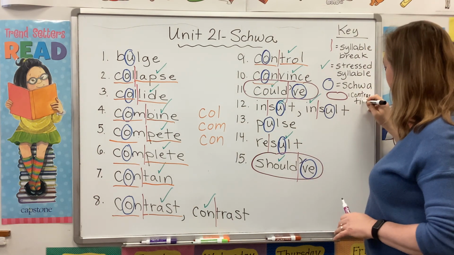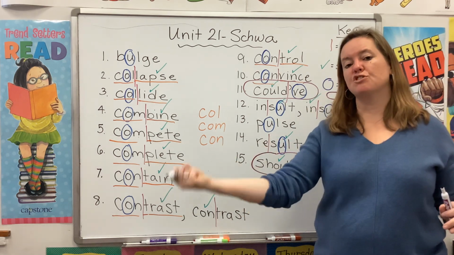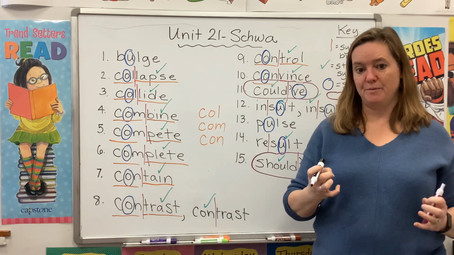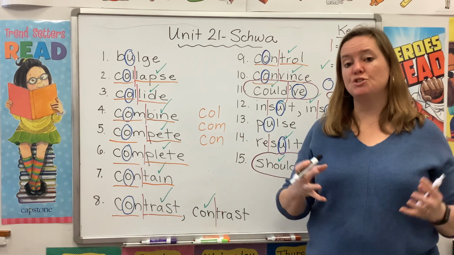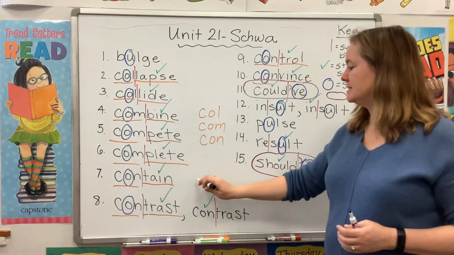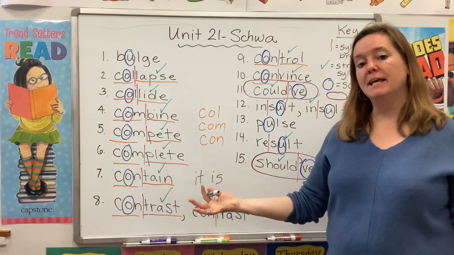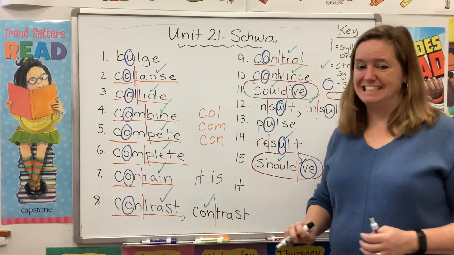So, a contraction, like when you contract your muscles, you pull them together, right? So a contraction pulls two words together. So instead of saying it is, I can pull them together and make the word it's.